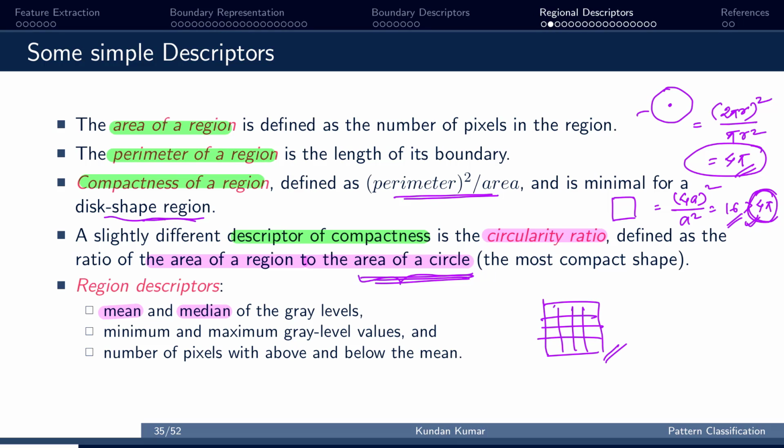That will be our regional descriptor. We can compute the median, the minimum value among all these pixel values, the maximum gray level value, or the number of pixels above and below the mean. So there are many ways to compute regional descriptors. These are basically features, and we can combine them to make a feature vector.